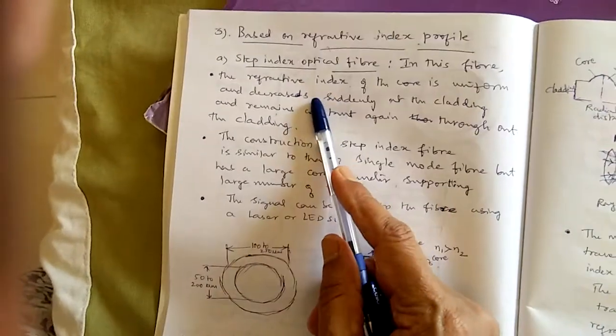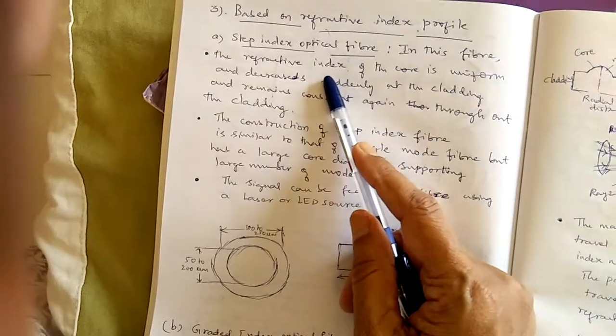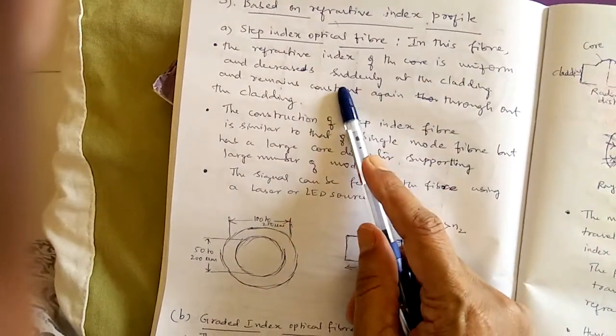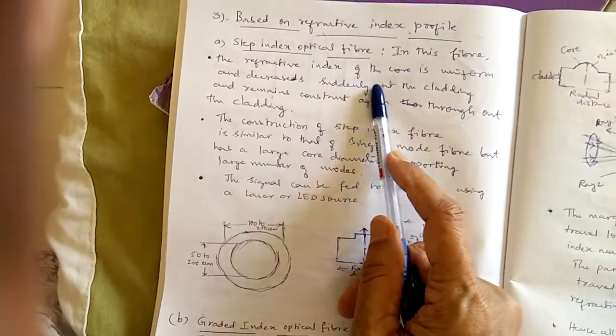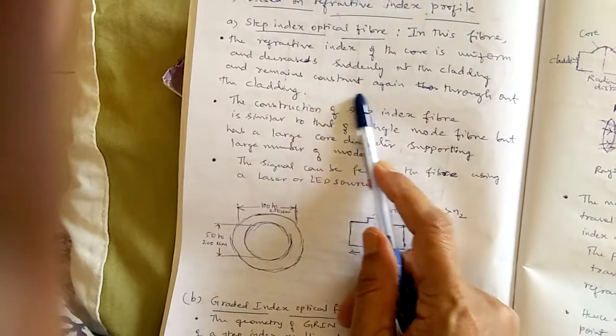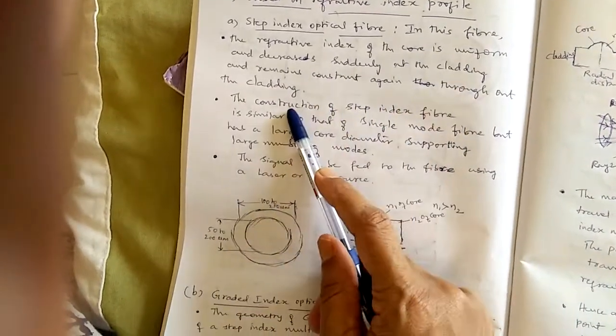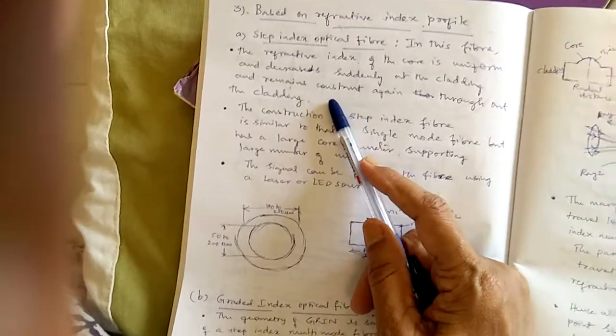In this fiber, the refractive index of the core is uniform throughout the core. The refractive index of the core is uniform and decreases suddenly at the cladding and remains constant again throughout the cladding, just like single mode and multimode.